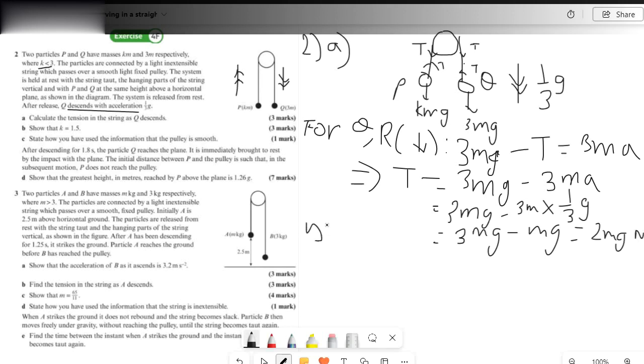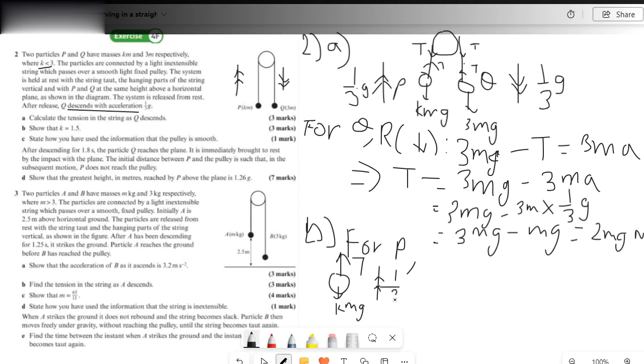For part B, we have to show that k is equal to 1.5. So we have to consider the motion of P. Drawing the diagram again, this is tension and this is kmg. Acceleration is upwards, because on the left side the particle accelerates upwards and on the right side the particle accelerates downwards.